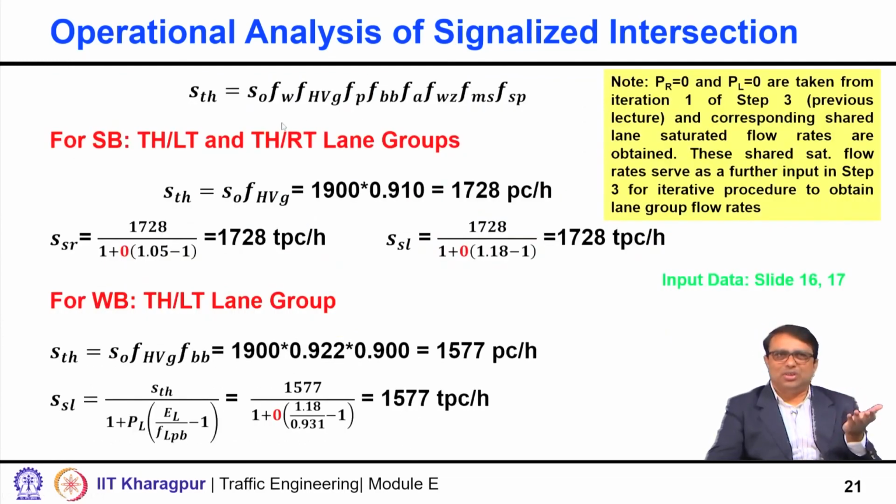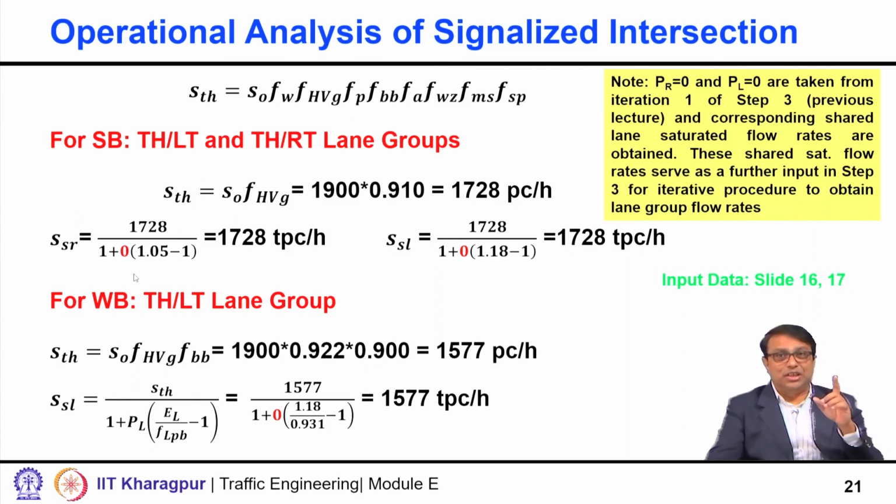So, here I have shown the calculation for our case, southbound through left and through right lane groups. Now, the through value is 1728, it is fixed for a given context. In the first iteration, recall our discussion about step 3 in the previous lecture, we started with 0% of left turn and 0% of right turn.